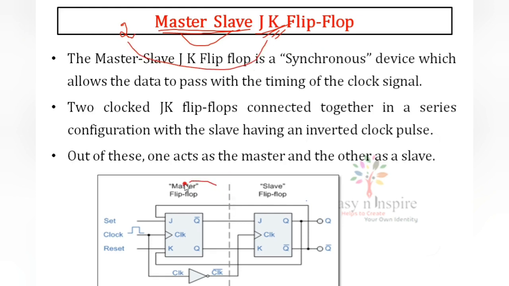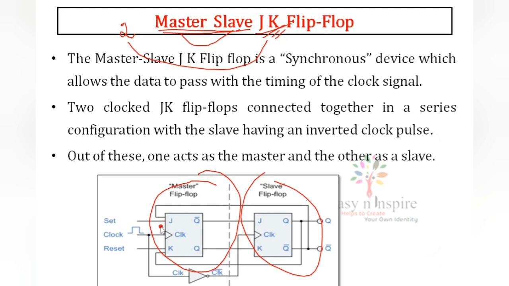Here I am taking two JK flip-flops. One flip-flop acts as master, the second one is the slave flip-flop. Master-slave JK flip-flop has two flip-flops connected in series.